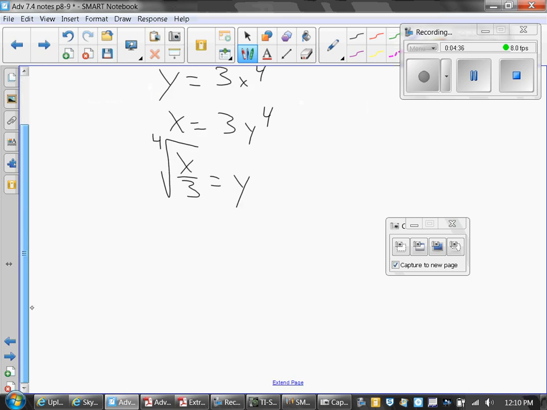No. So we have to get the 4th root of x over the 4th root of 3. To make that go away, multiply by the 4th root of 3 times 3 times 3. What I'm doing here is creating a perfect 4th root, so I just have to add 3 more 3's together. The fourth root of that is 3.